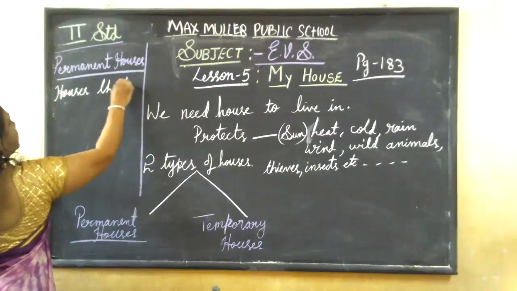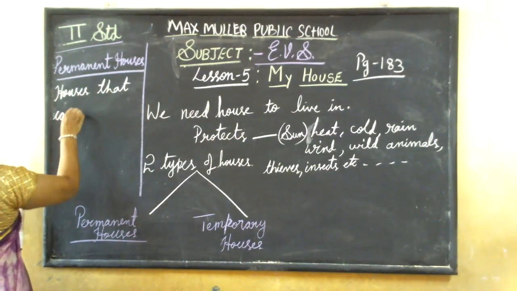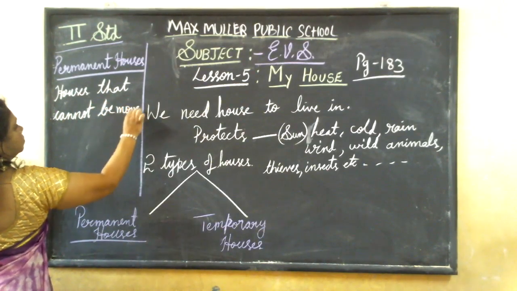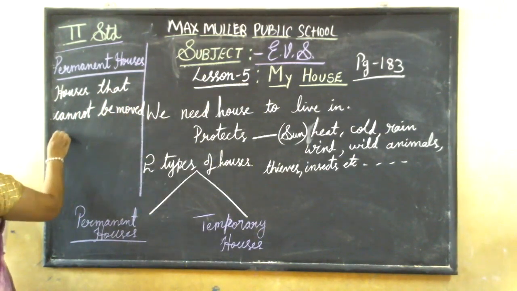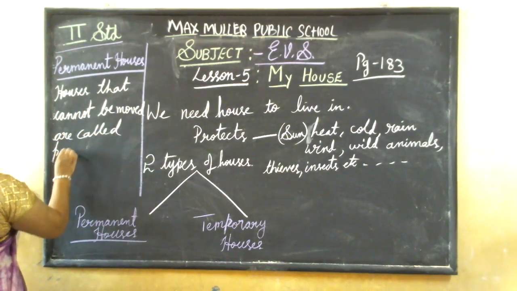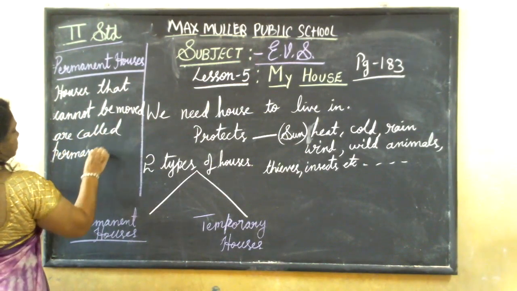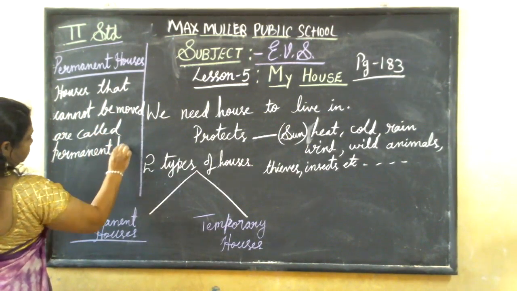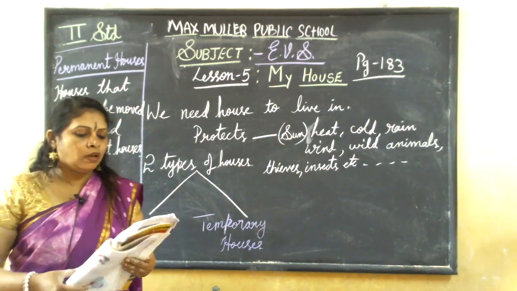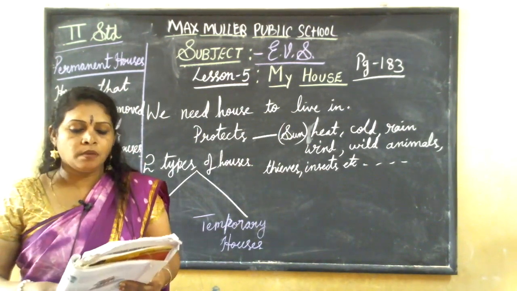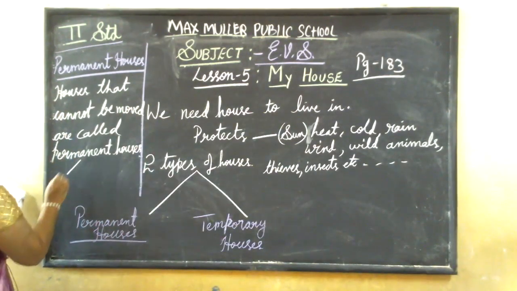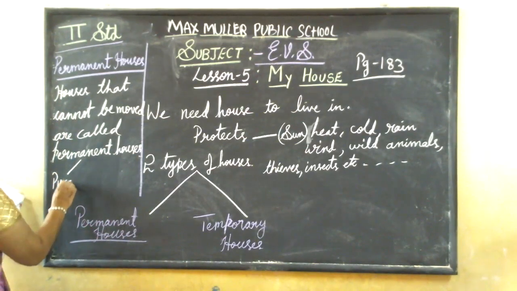Houses that cannot be moved are called permanent houses. Example, permanent houses can be Pucca houses or Kacha houses.